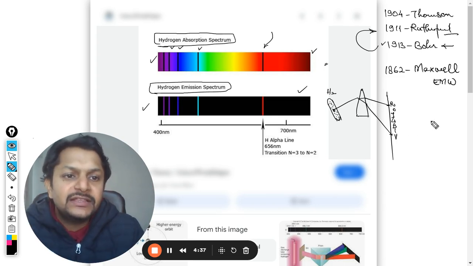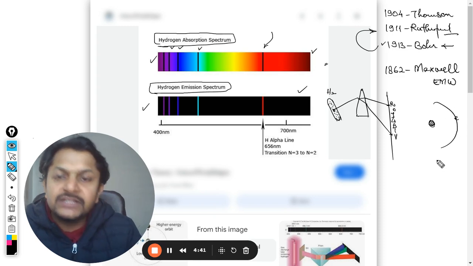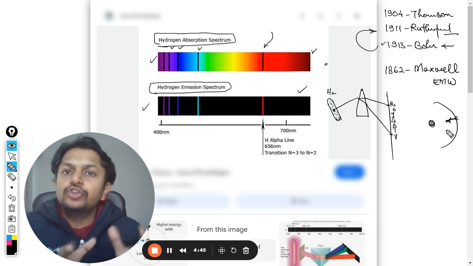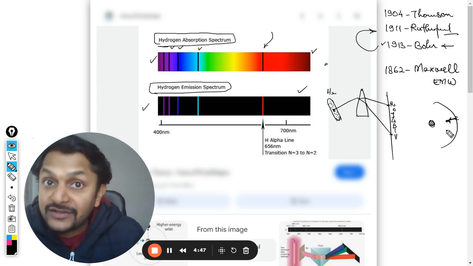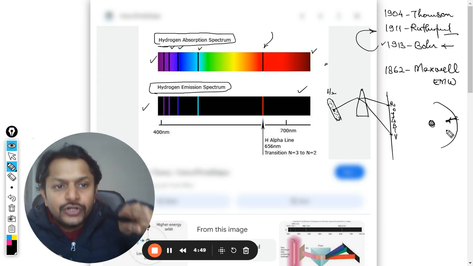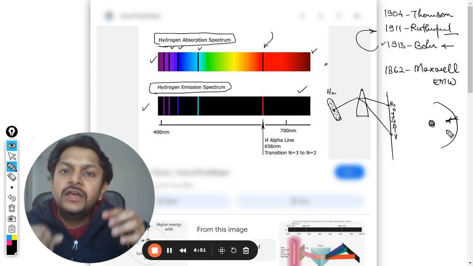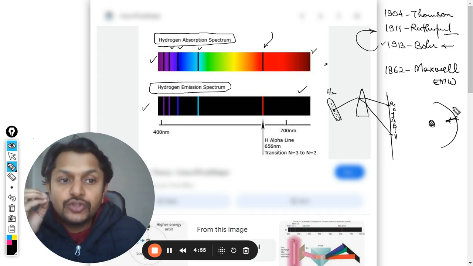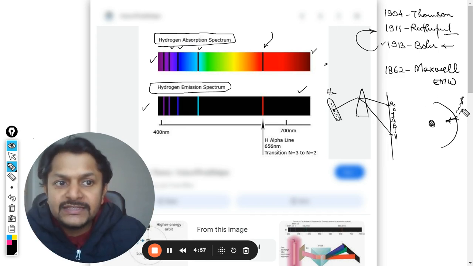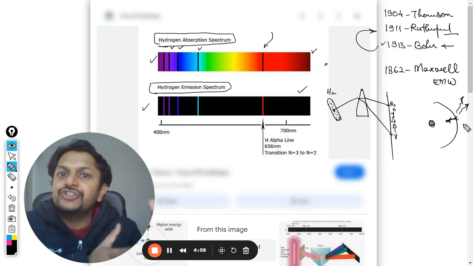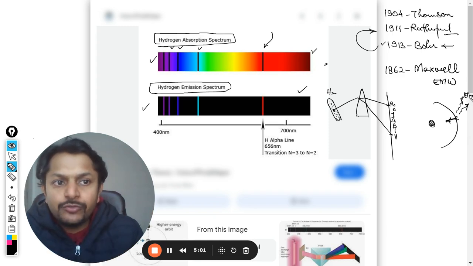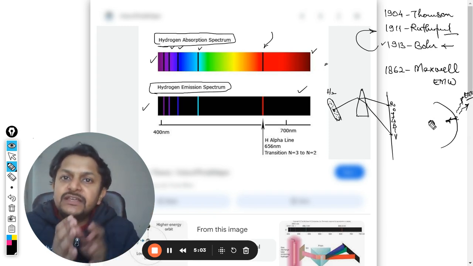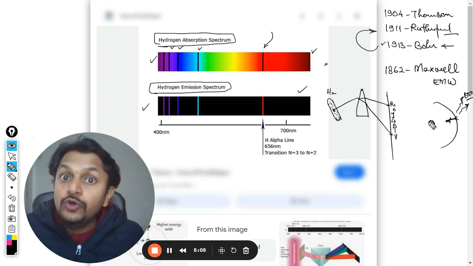It means that if, let's say, this is the nucleus and one electron is moving around in a circle, which is an accelerated motion, with centripetal acceleration, then accelerated motion is going to emit some energy. This is electromagnetic wave. So if it is emitting energy, it is losing energy.